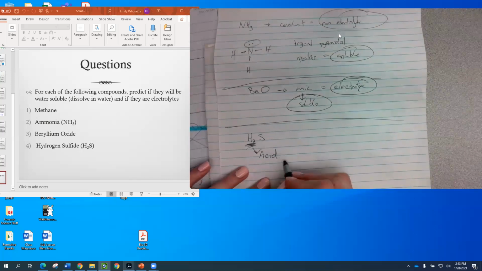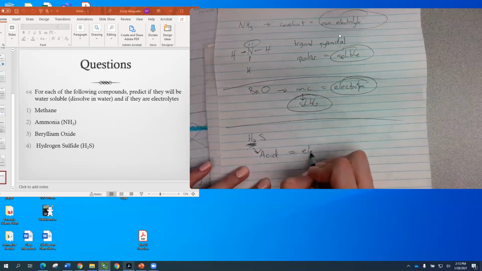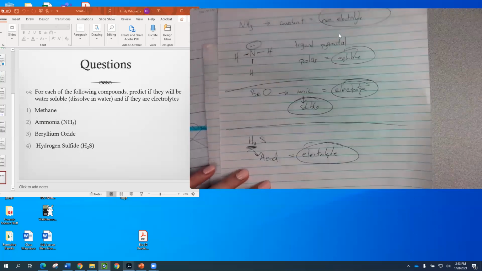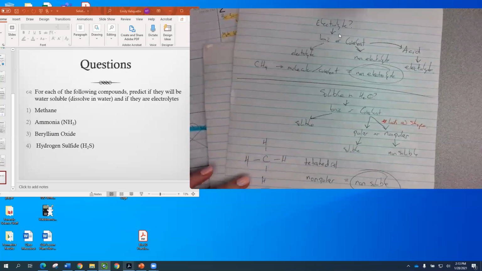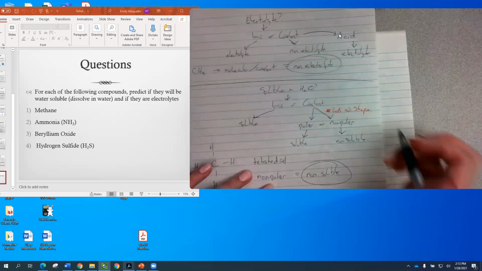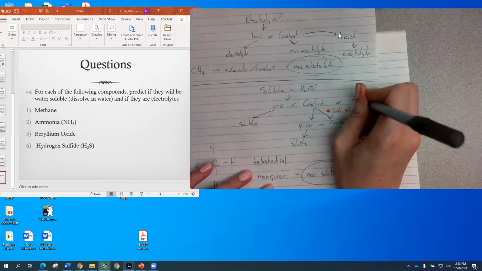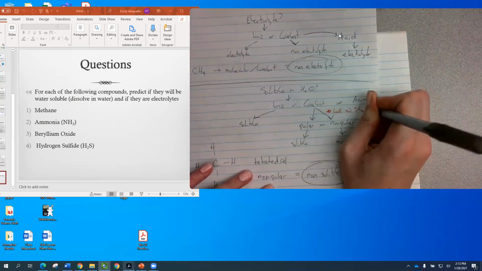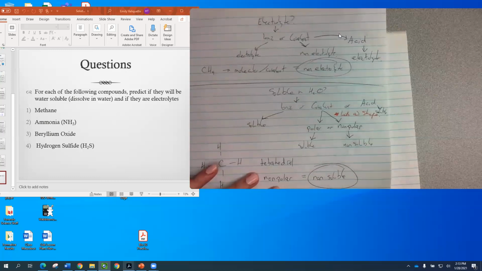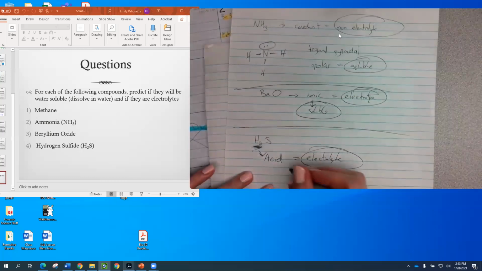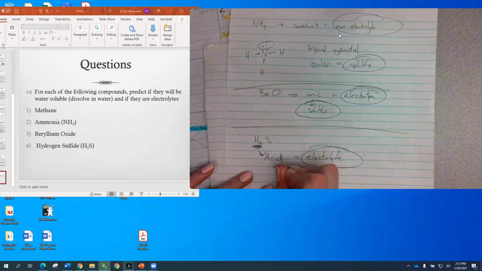So this is an acid, therefore it is an electrolyte. And when it comes to solubility, acids are always soluble. So acid means it's soluble.